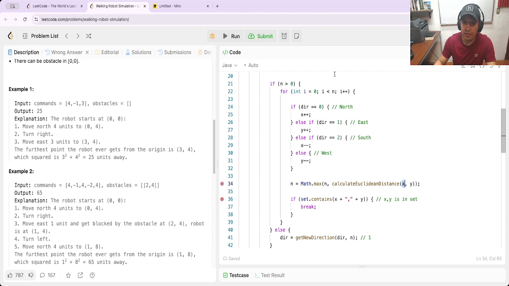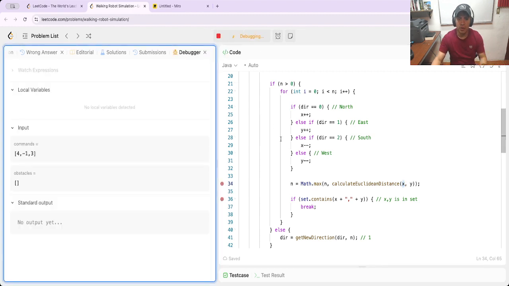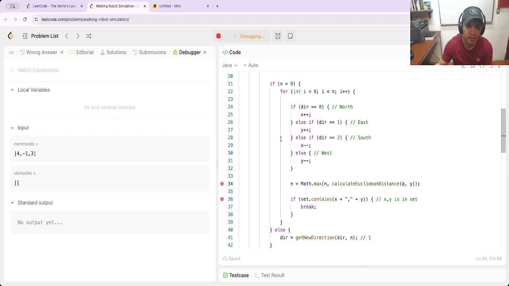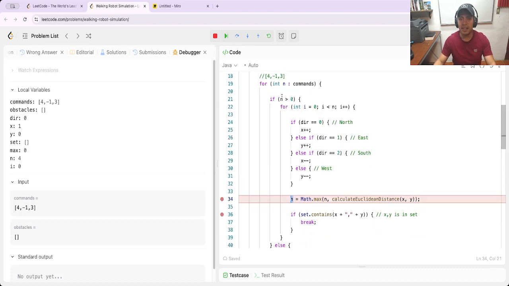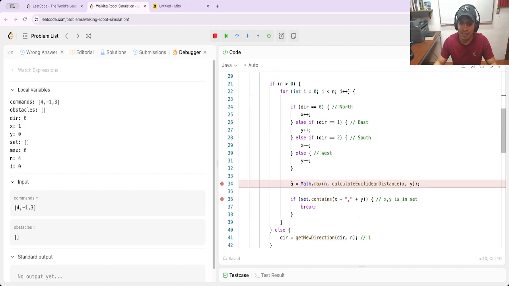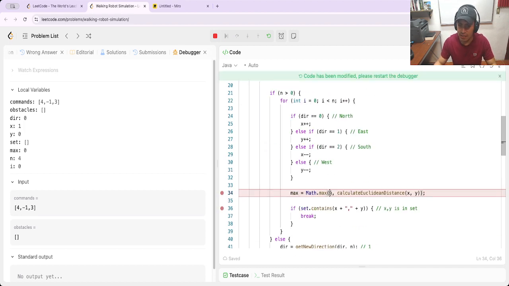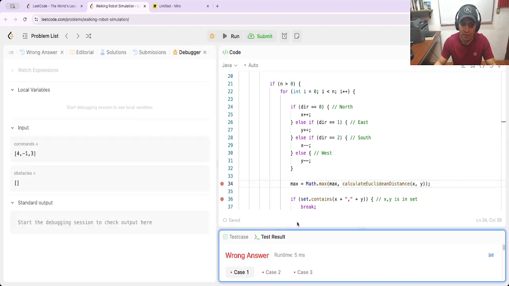Why does it change? Why return 0? Yeah, x is 1. In this case max is 0. Next, after this operation, it should be, oh my god, yeah, this is max, because it's the value that has the result.